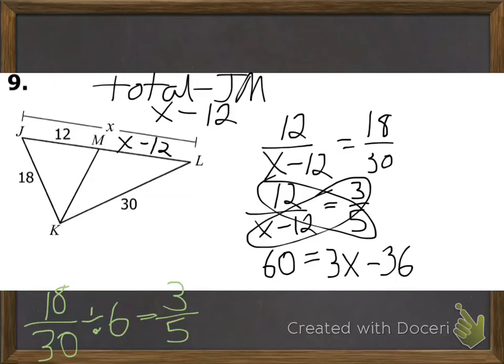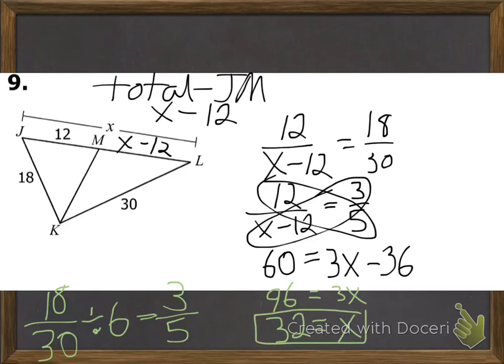Let me go green again. So add 36 to both sides, and you're going to get 96 equals 3x. And then x equals 32. And that is going to be the final answer.